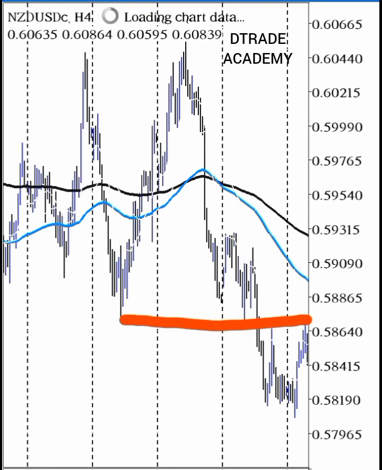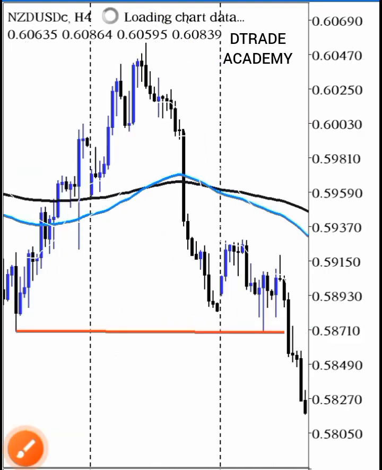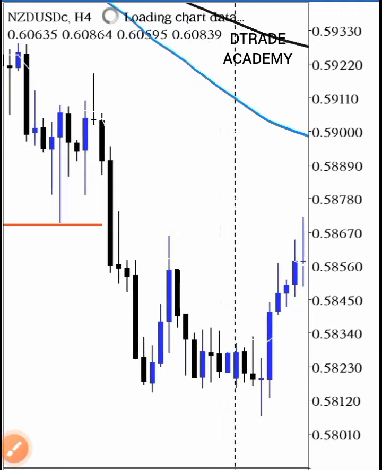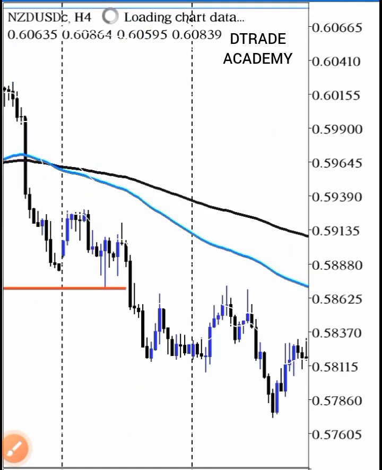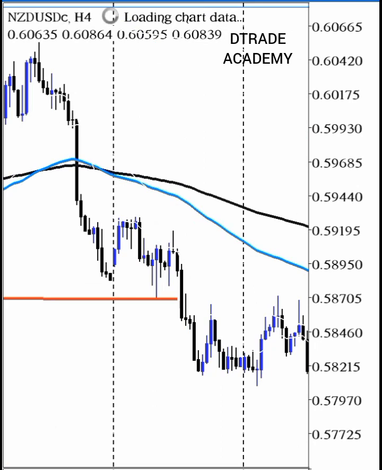That is why I said always make it a habit to draw the line, because from that line you should be able to get your imbalance zone, and it's always within that area that broke through the line.